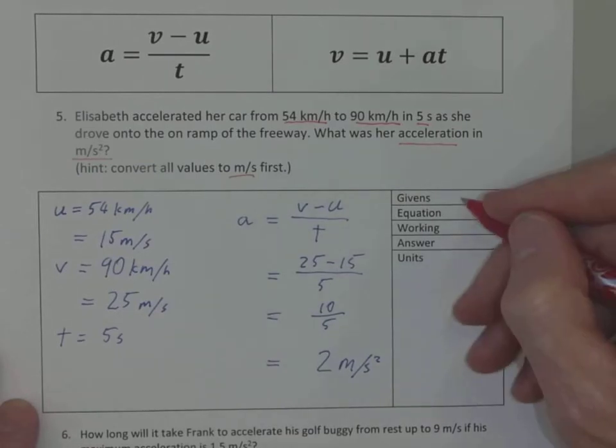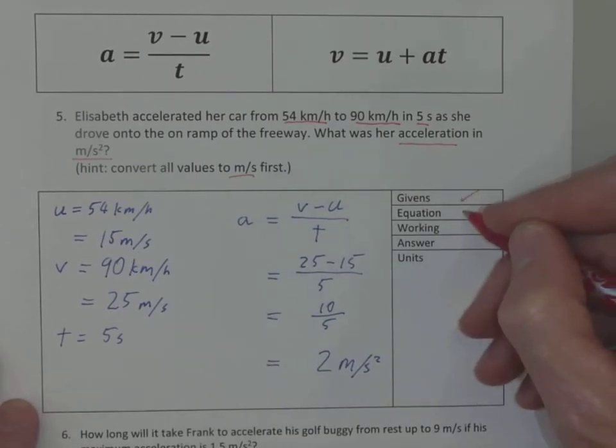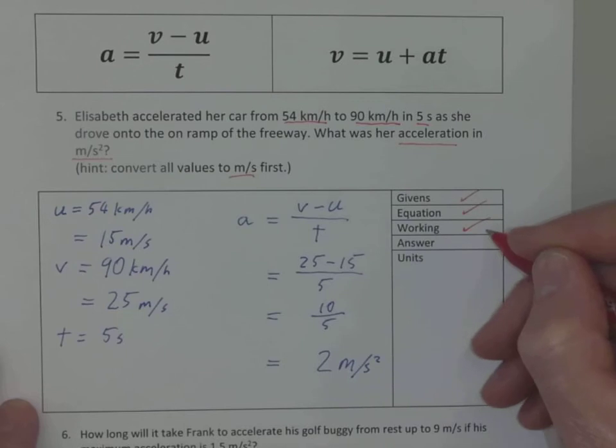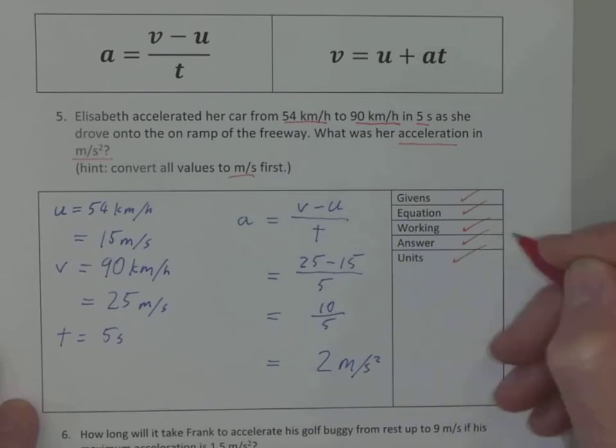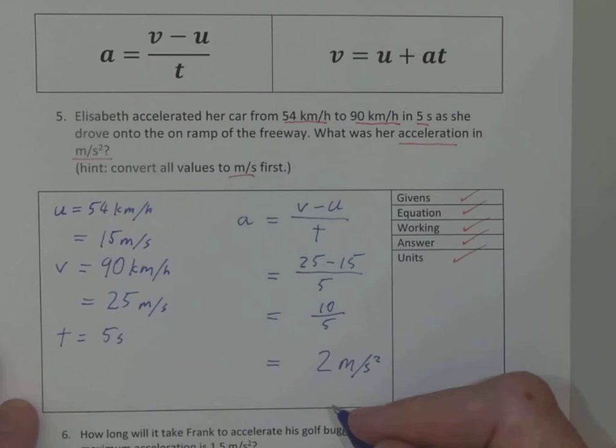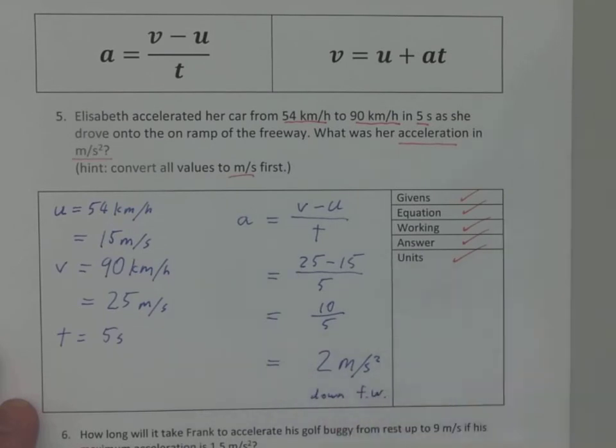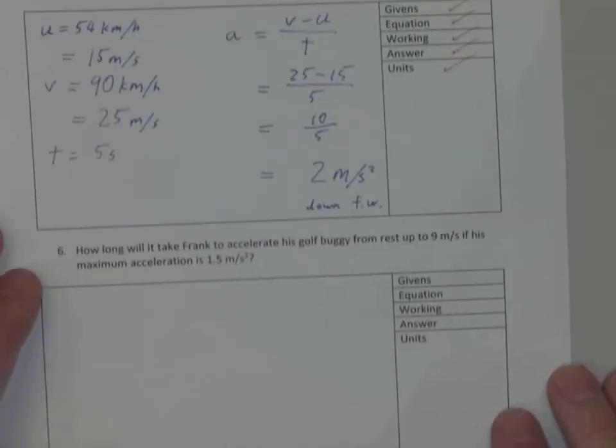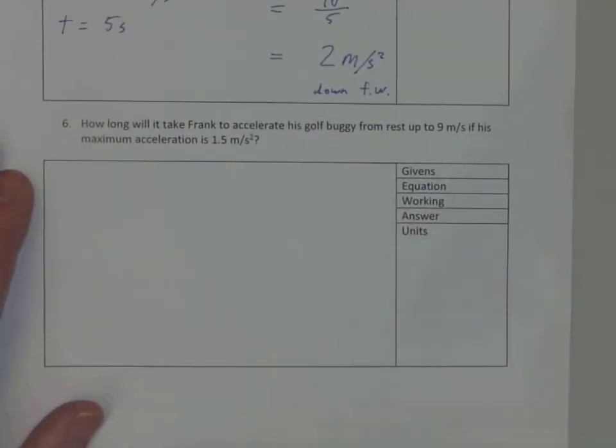So we've declared our givens, shown our equation, given our working, given the answer in units. Down the freeway might be a good direction, since acceleration technically is a vector. Okay, 6.